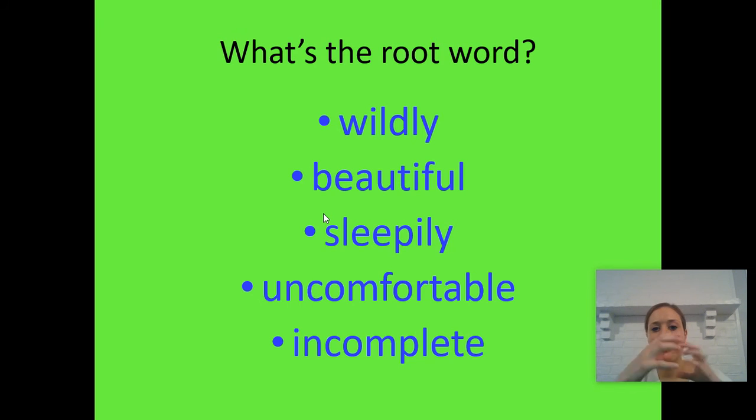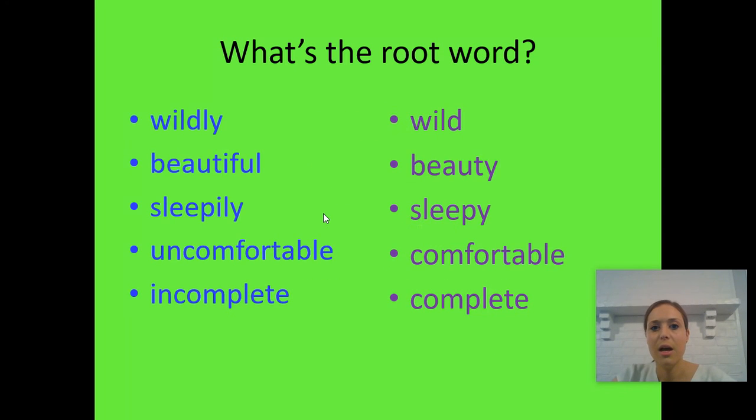So think about what's that main word, that root word. Okay, you can check your answers now. So wildly, the root word was wild. Beautiful, beauty. Sleepily, sleep or sleepy. Uncomfortable, comfortable or comfort. Incomplete, complete.